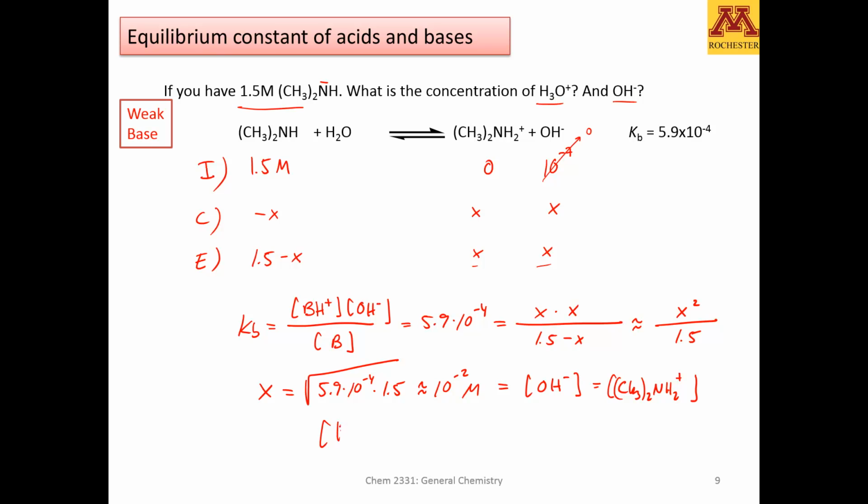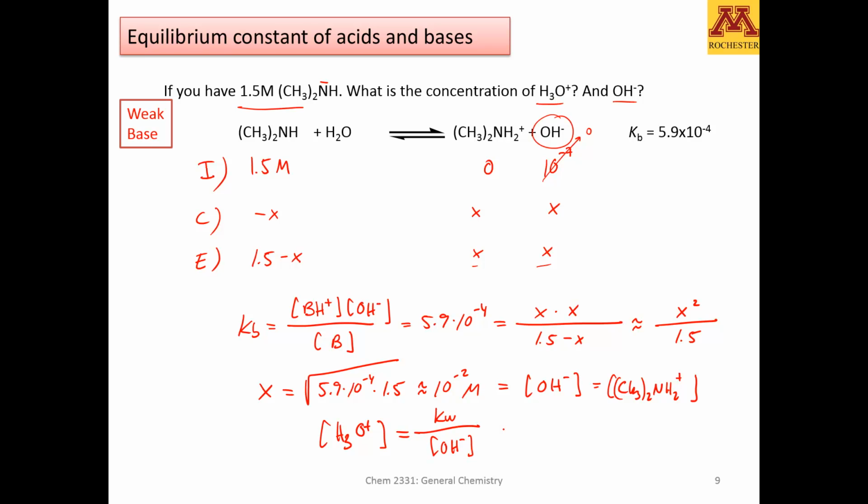What is the concentration of hydronium? You would say, wait a minute, this is a base. I did not add any hydronium. Why should it even be involved? Because if you're adding hydroxide, this will automatically change the concentration of hydronium, because this all takes place in water, and one is modified because of the other.